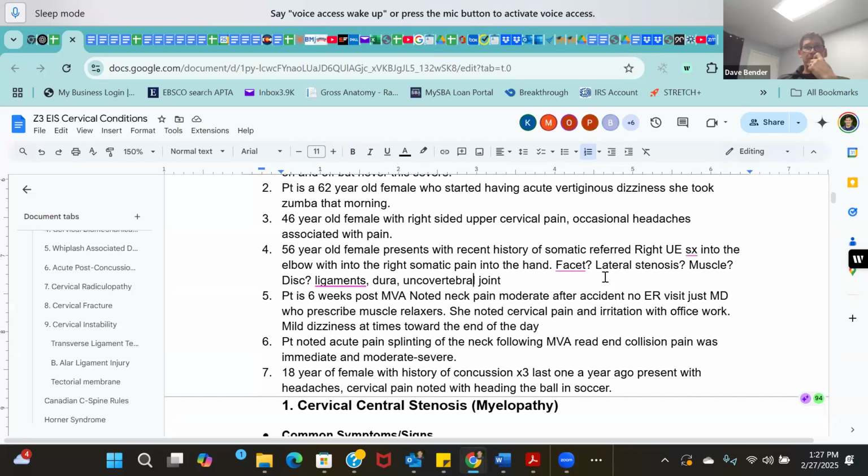Okay. What would you expect to find if this was a lateral stenosis potentially? Say this is a lateral stenosis, and we'll give you bonus points. I'll say this is a lateral stenosis caused by a subluxation.